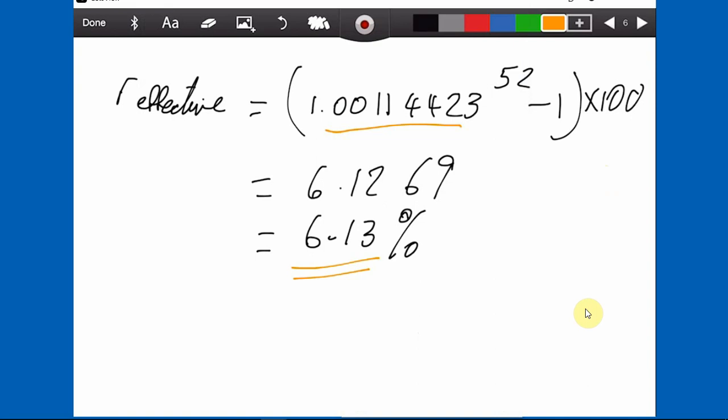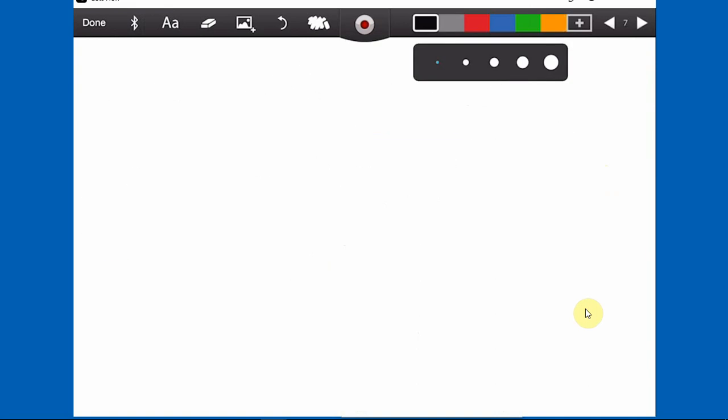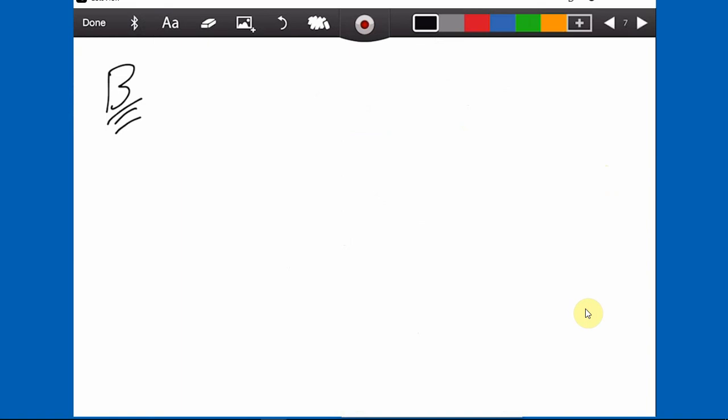6.13. All right, let's have a look at B. As I've got this written on a sheet of paper, the interest rate here we're told is 6%, and it's compounding quarterly, so N is 4 for this particular calculation. 6% per annum compounding quarterly.